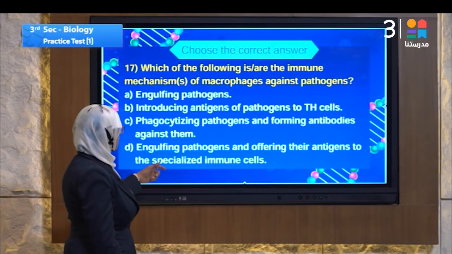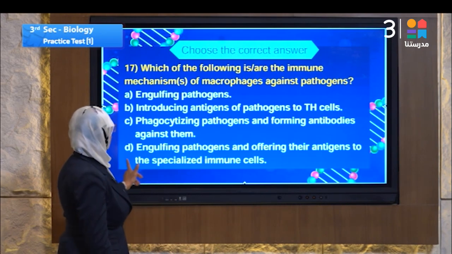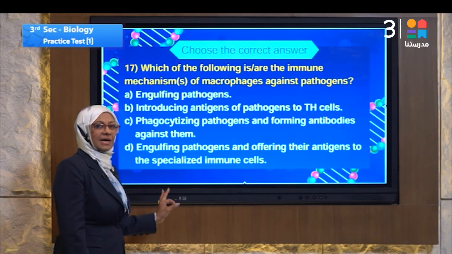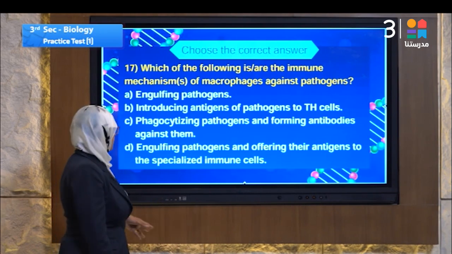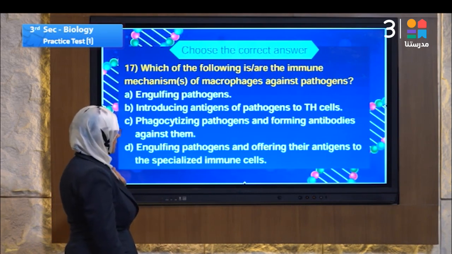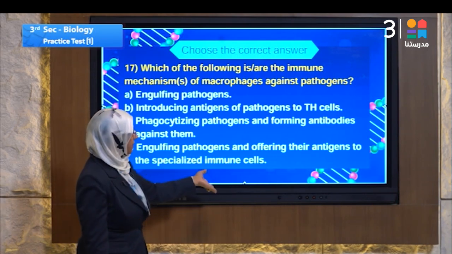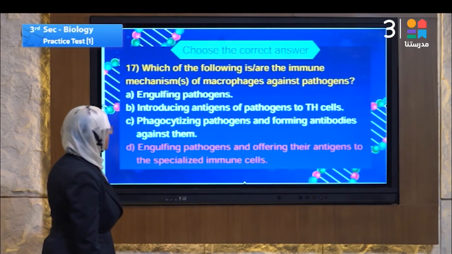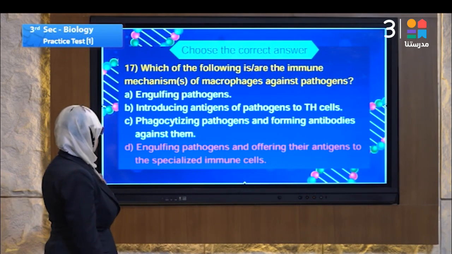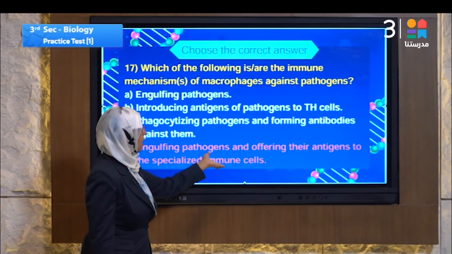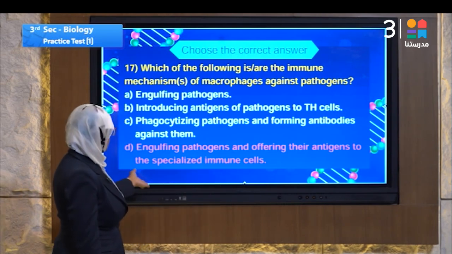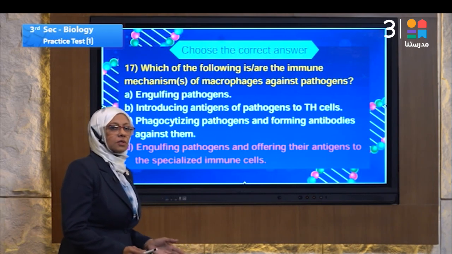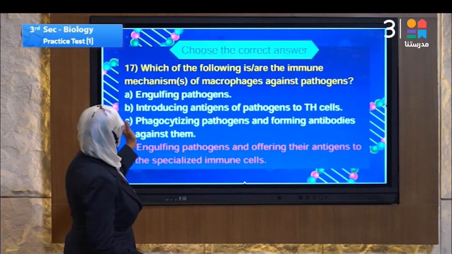Number C, phagocytose pathogen and forming antibody against them. There must be steps that follow each other. The first one is engulfing pathogen, yes, and offering their antigen to a specialized immune cell. So the answer must be D, engulfing pathogen and offering their antigen to specialized immune cells. These are the steps that follow each other in the immune mechanism.